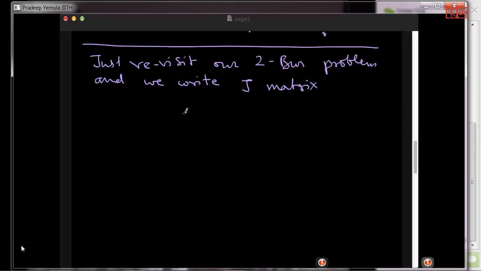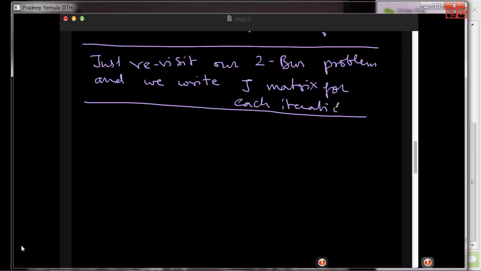So what I'll do is, for each iteration, I'll go back to my code and modify it such that I take a print of the J matrix. Then I'll see what happens with that J matrix. So let's do that as an exercise. For this, let me share the screen.